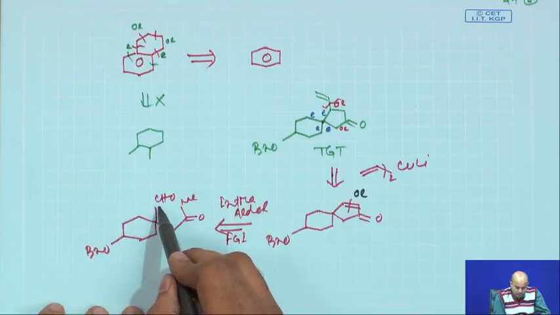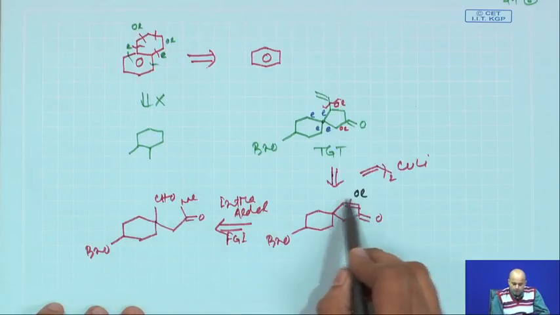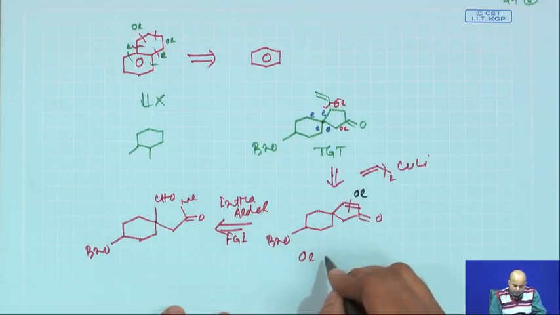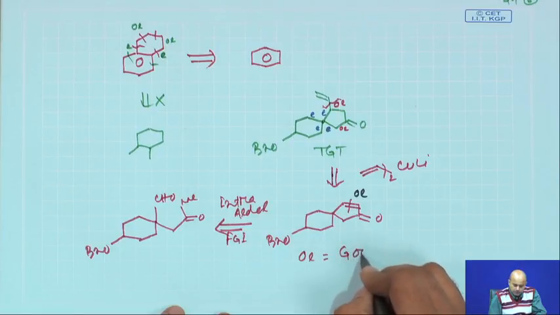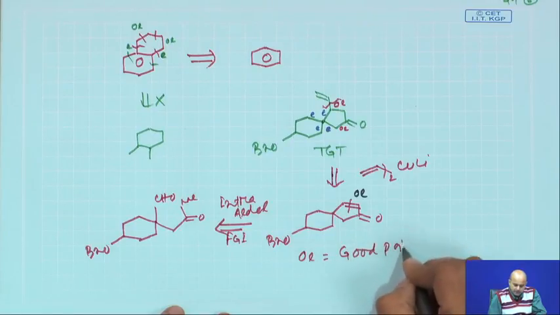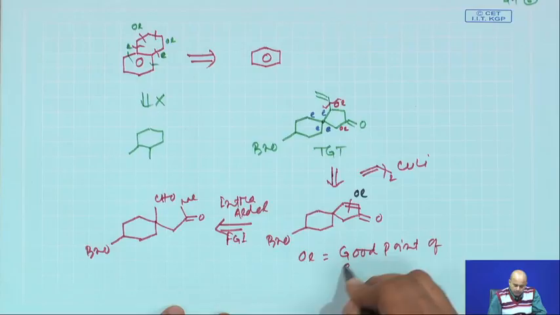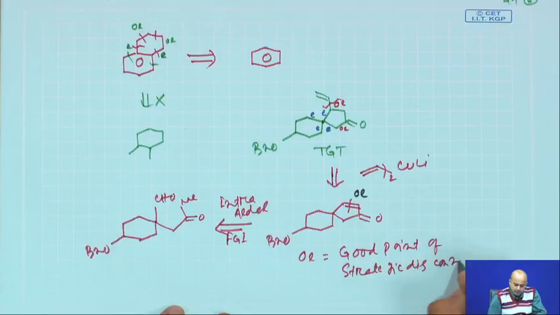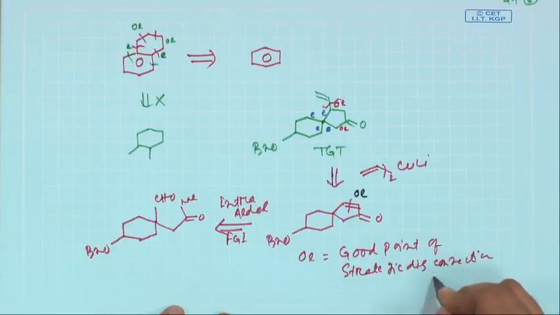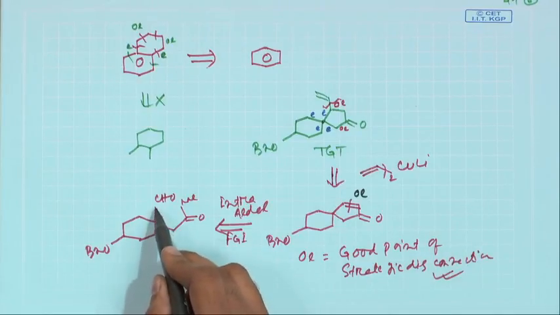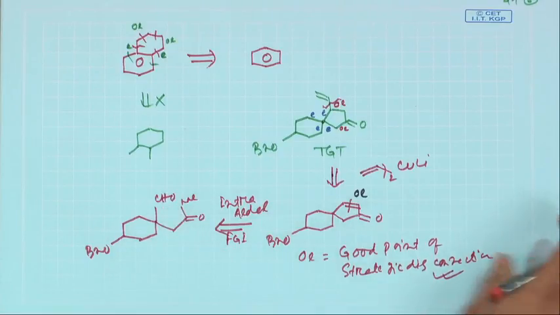You make a new off-exo bond. So, we said off-exo bonds are a good point of strategic disconnection. So, now you can basically see how this rule is valid. We are basically making off-exo bonds, fine.